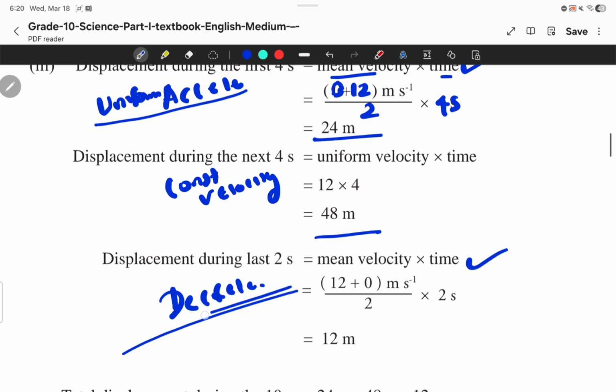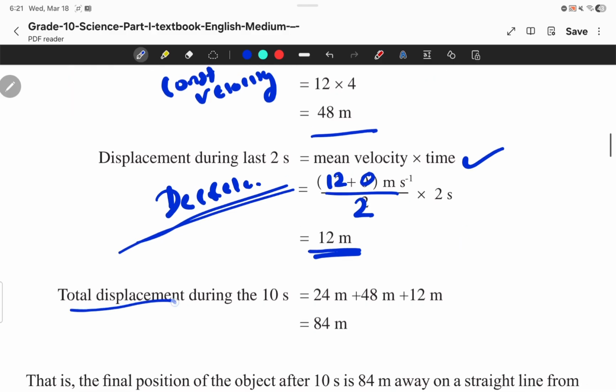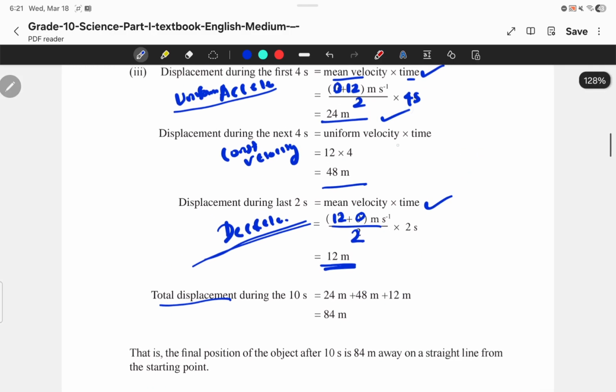And in the deceleration part also, as it is uniform, you can take the same equation: initial velocity 12, final velocity 0, divide by 2 and multiply by time, then it becomes 12. The total displacement you can then calculate separately: 24, 48, 12, add up together, it becomes 84.